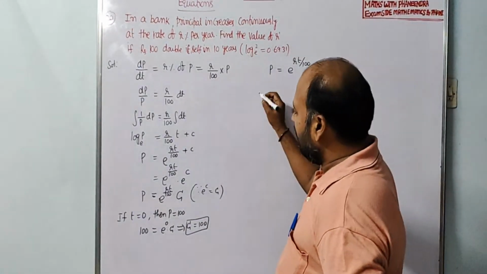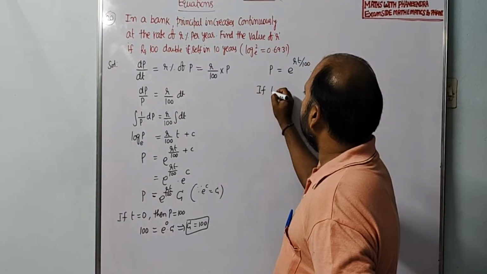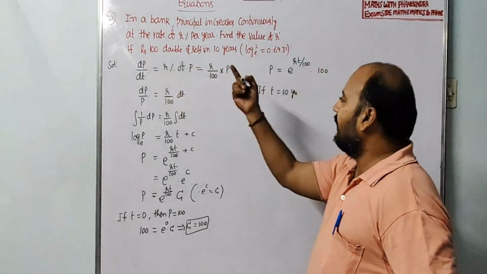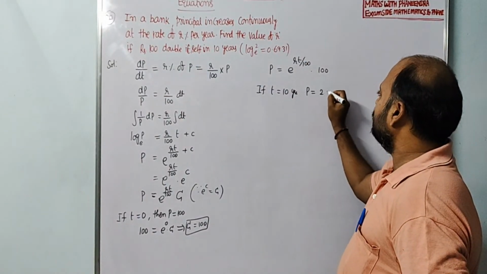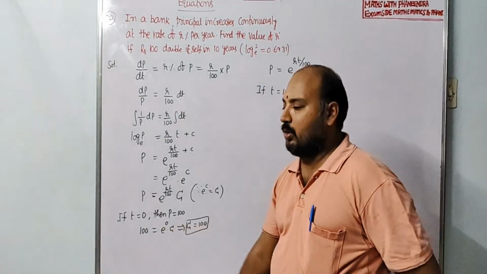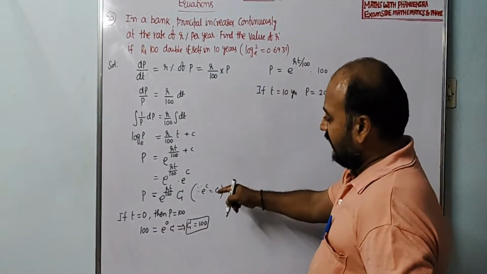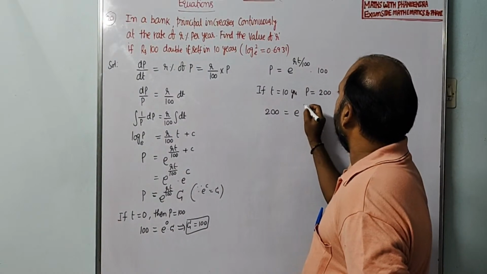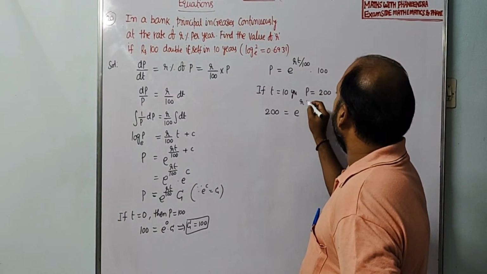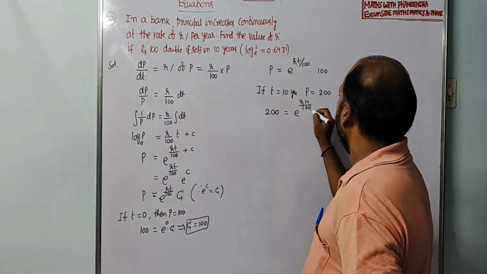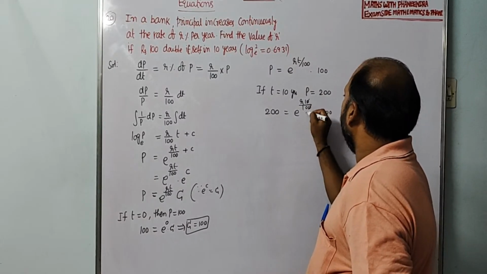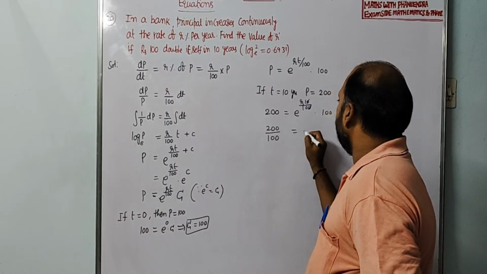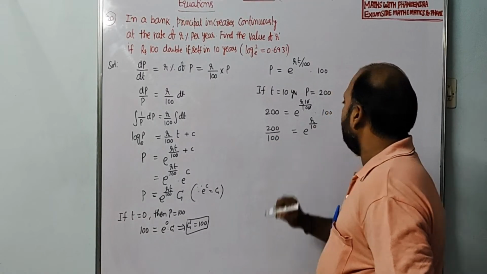Next condition is what? If time is 10 years, it will be double. Principal amount is double. P is 2 times 100, 200. Now we will calculate. 200 equal to e power (R into 10 divided by 100) into 100. Here 100 bring inside, 200 by 100 is equal to e power R by 10.